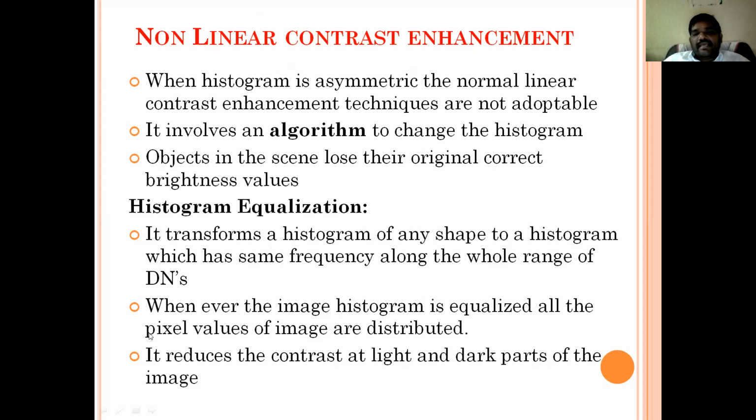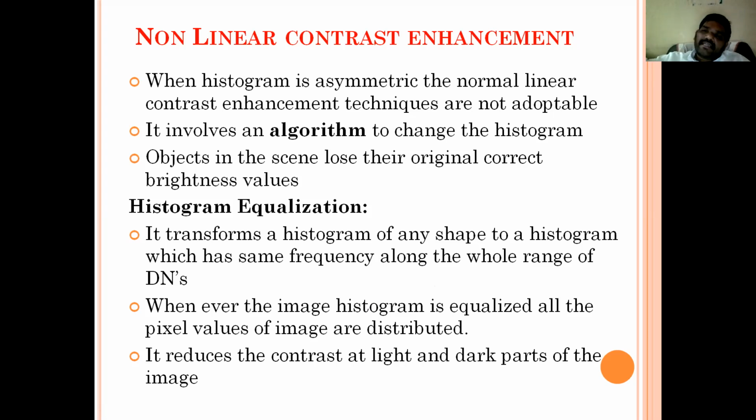It transforms a histogram of any shape into a histogram which has the same frequency along the whole range of digital numbers. This is equalization.